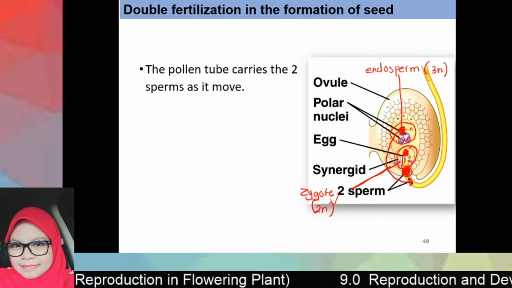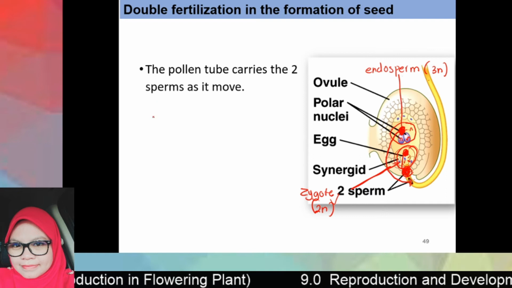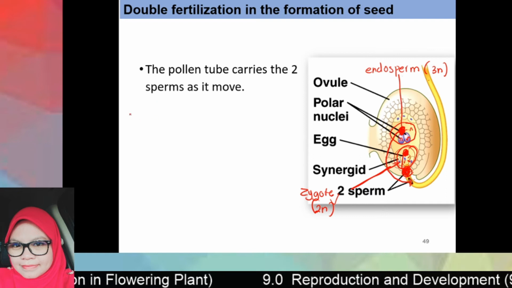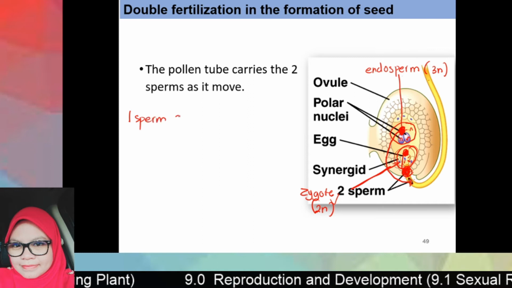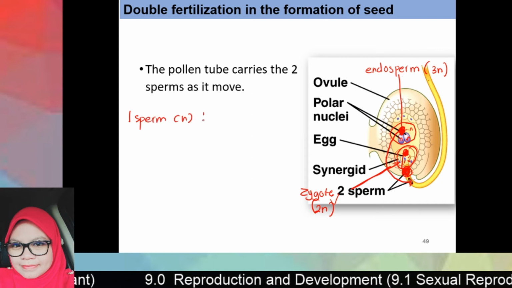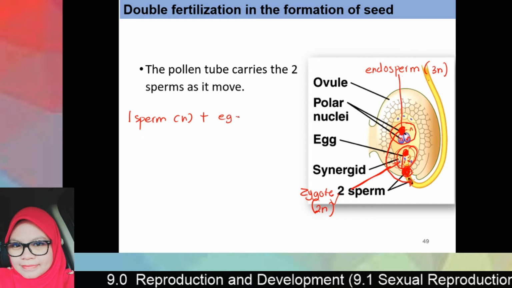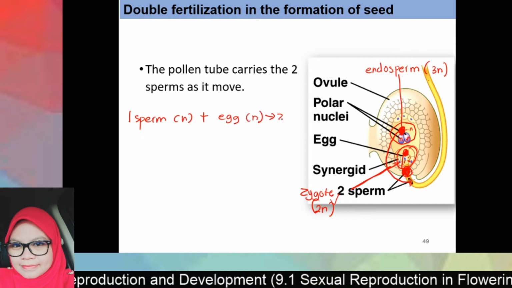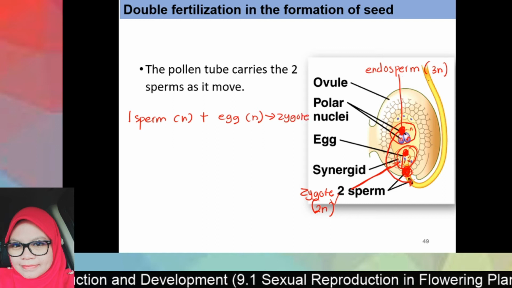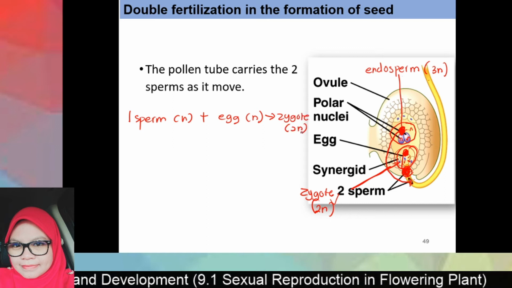Again, double fertilization is when one sperm, which is haploid, fertilizes the egg cell, which is also haploid, to form the zygote, which is 2N.